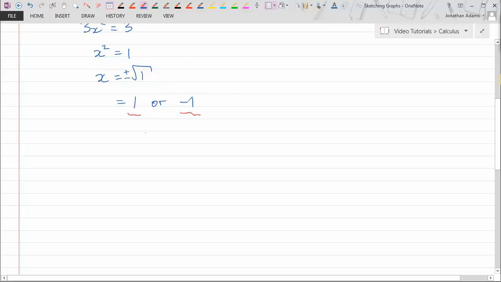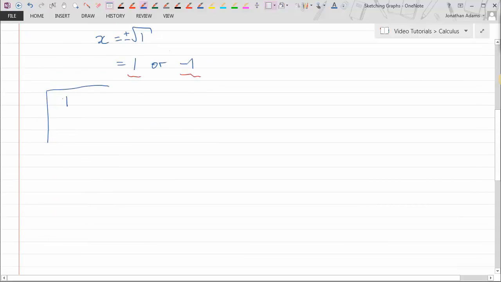Just as an aside, I think people sometimes get confused by this. I need to find the y-coordinates that go with these x-coordinates.